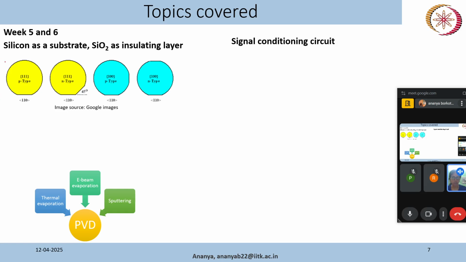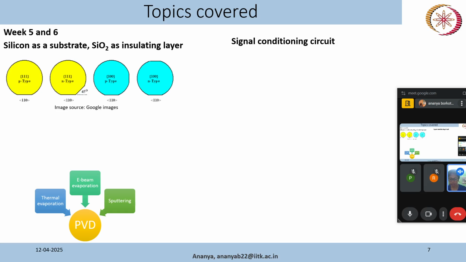So if we grow silicon dioxide on silicon, then some portion of silicon will be consumed in that total SiO2 thickness, whereas in deposition of SiO2, we will deposit SiO2 from some target using sputtering. So silicon will be the same silicon, and we can deposit SiO2 on other substrates as well, whereas we will grow SiO2 on a silicon substrate.